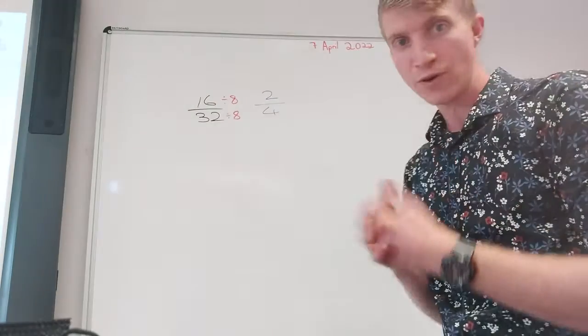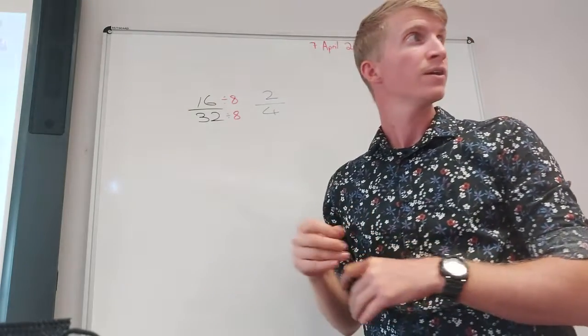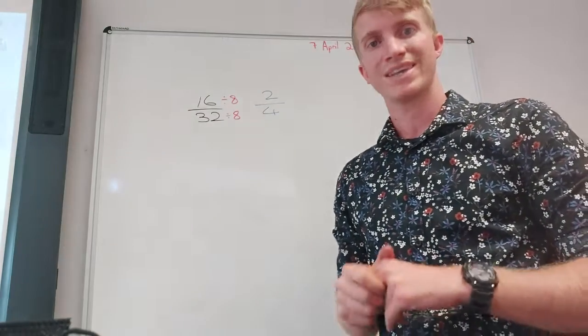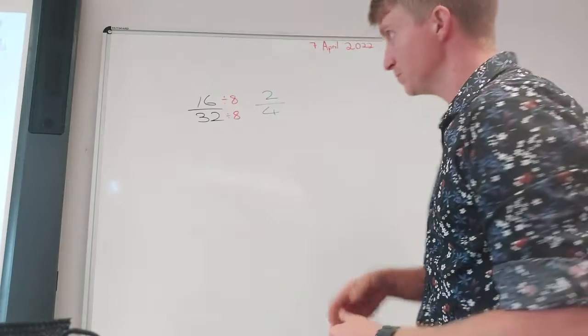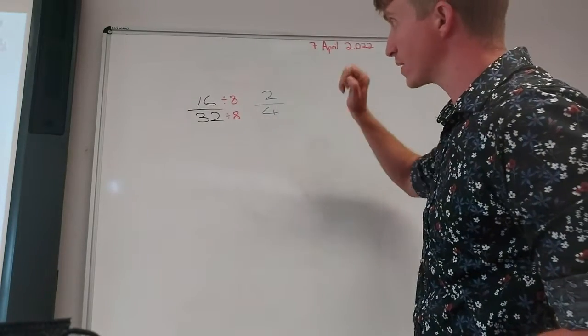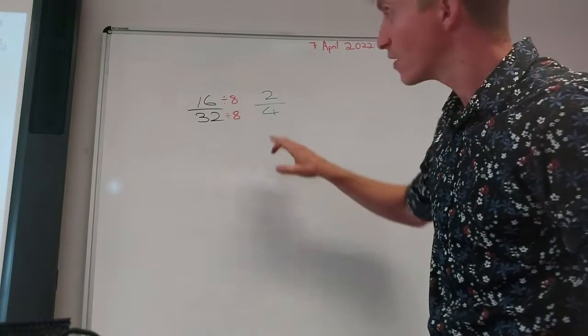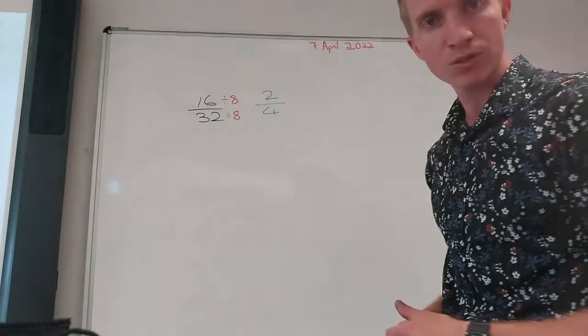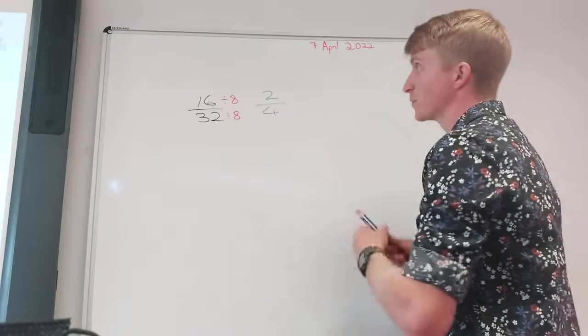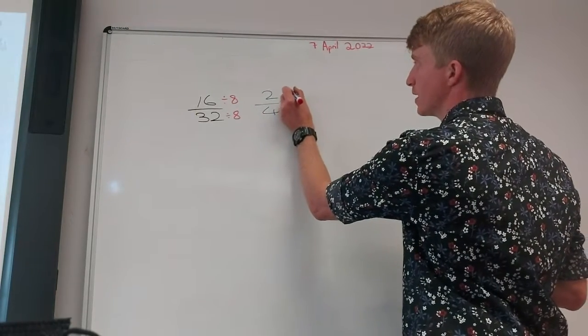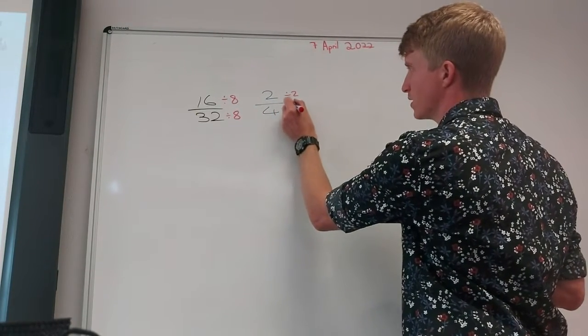That's usually the first identification I look for. If both are even numbers, it can be simplified. So 2 divided by 2 equals 1. 4 divided by 2 equals 2. So let's do that. Divided by 2, divided by 2.